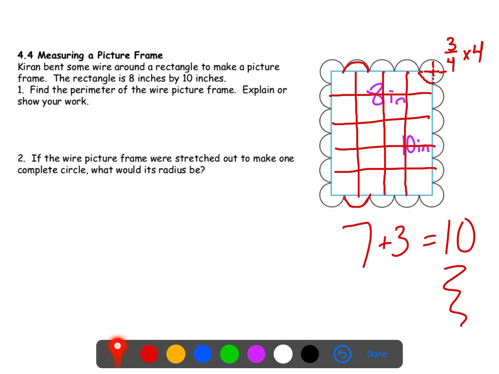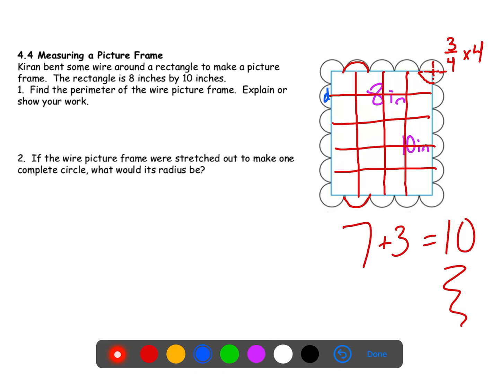Now, I don't know anything about this circle. I don't know what the radius is. I don't know the diameter, and I definitely don't know the circumference. That's what we're trying to find here. So I need to find that about these circles. Now, this shape is 10 inches along the rectangle here. And that makes up 1 diameter for this circle, 2, 3, 4, and then I have a radius and a radius of a circle. Can you see that?